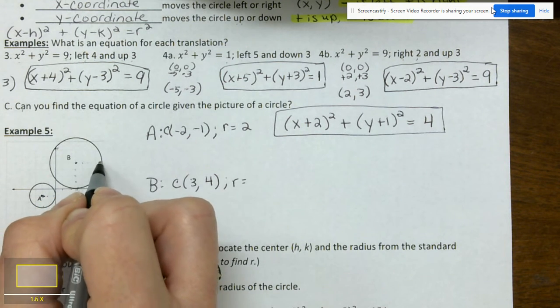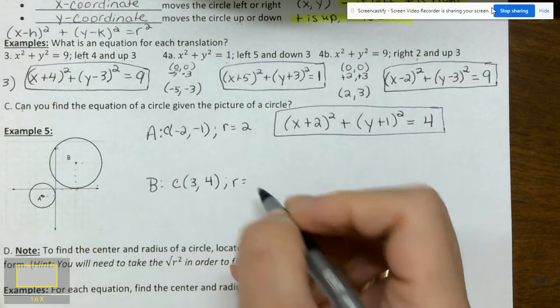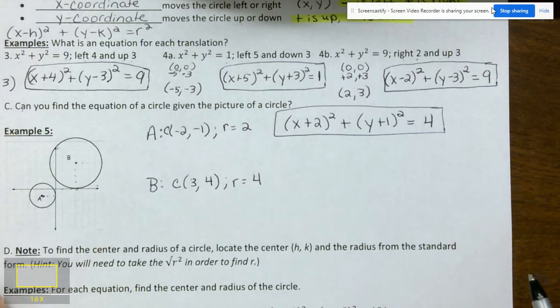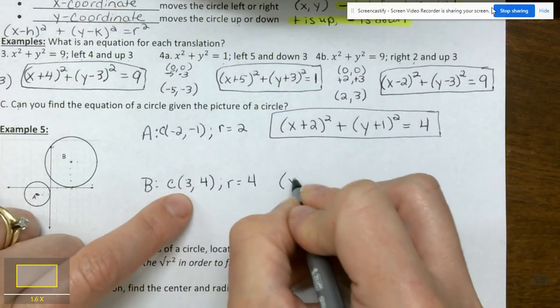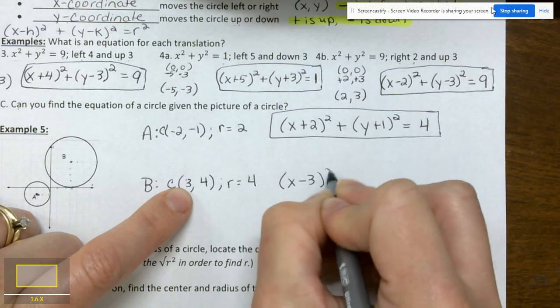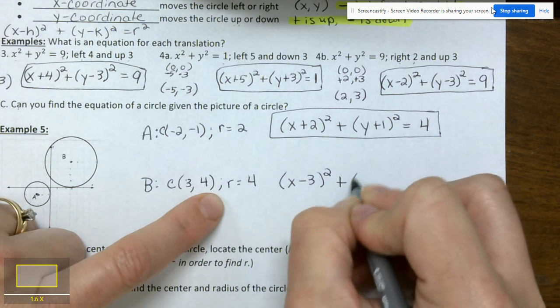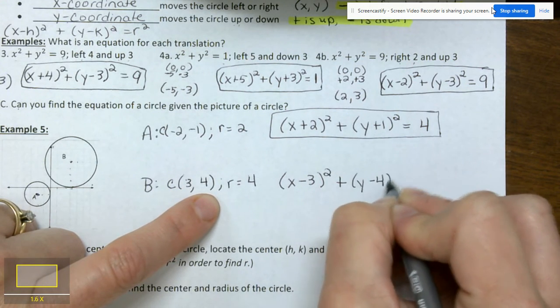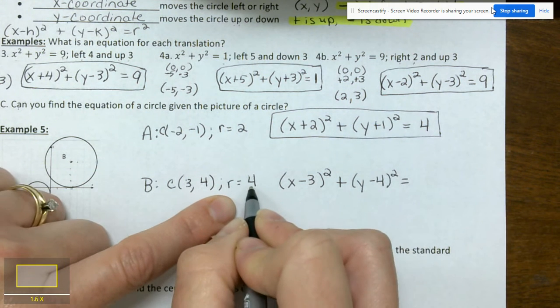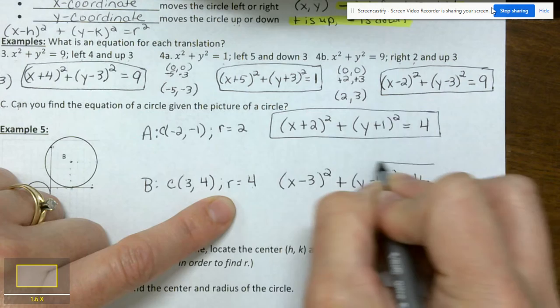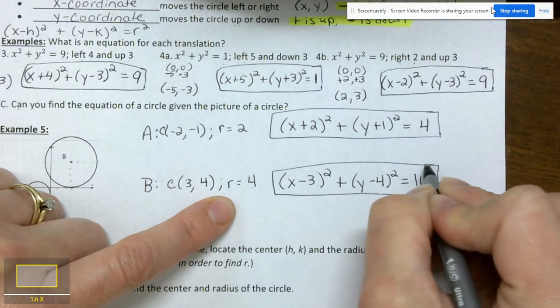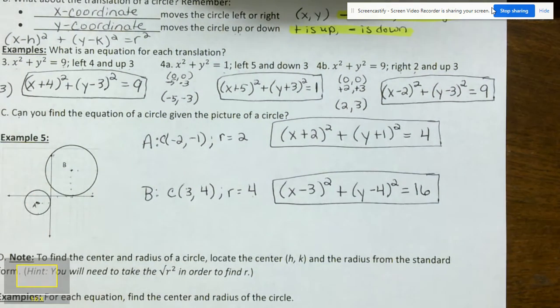Either way I go, I'm going 4. So our radius is 4. Okay, to create my equation, this would be x minus 3 squared plus y minus 4 squared equals 4 squared, which is 4 times 4, that is 16. So this would be the equation of our circle B.